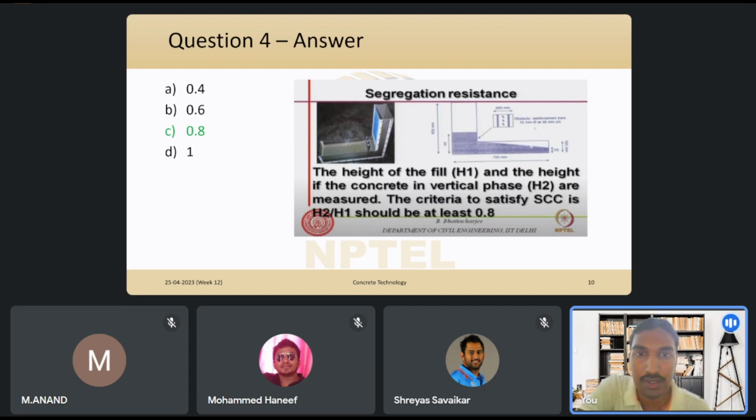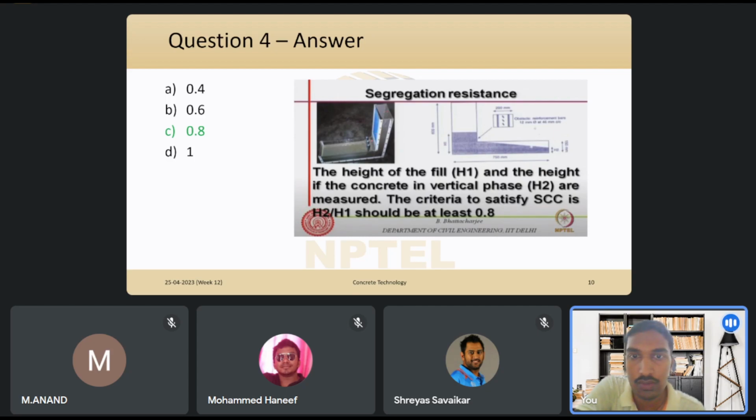In this L box test, as the name suggests, the apparatus is in the shape of an L. You have a vertical part and then a horizontal part. We fill this vertical face with the concrete to the full height.